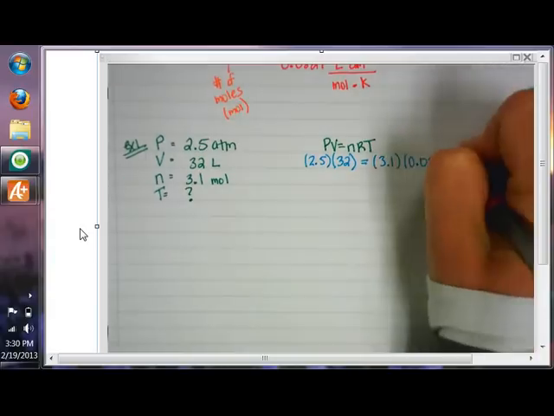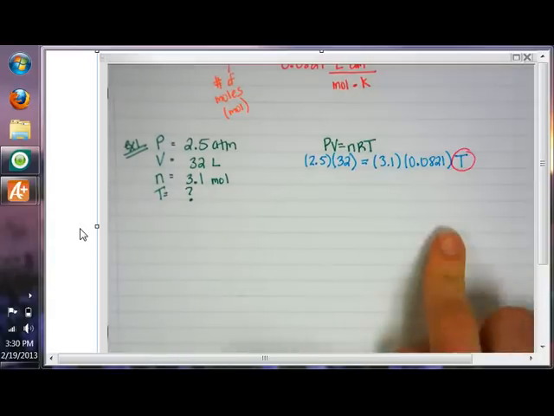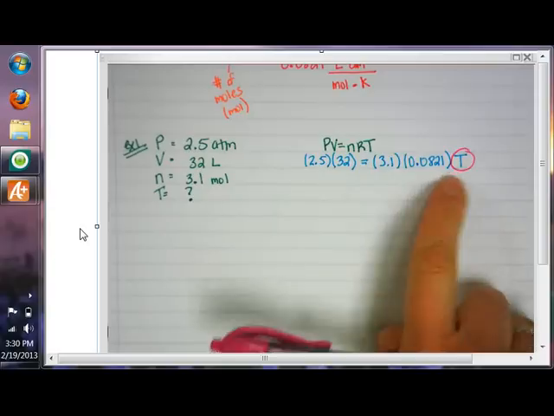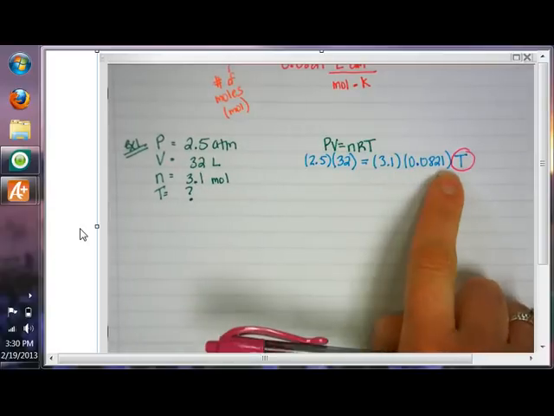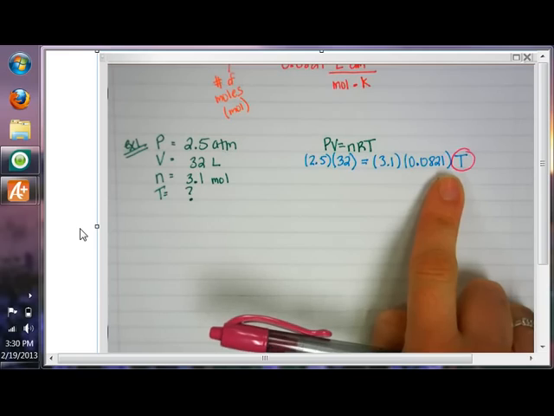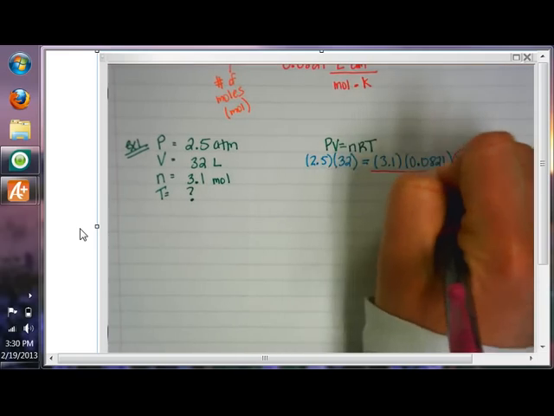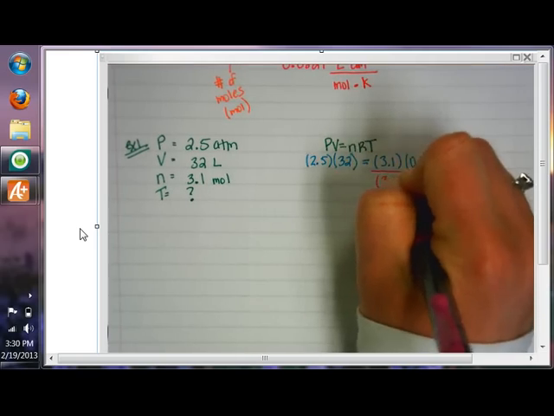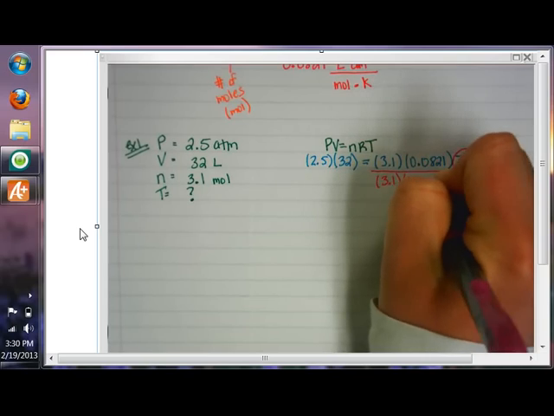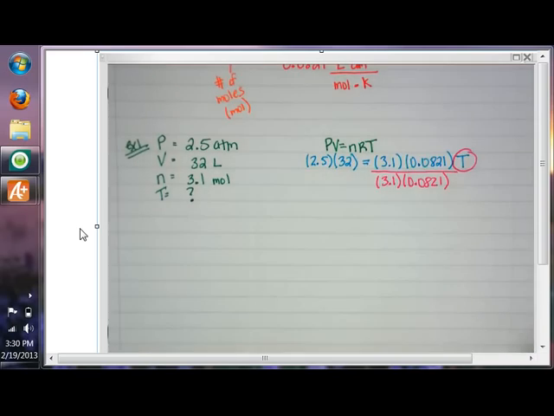So in order to solve for T, I'm going to circle T because that's what I'm trying to solve for. Notice these are all being multiplied right now, but I want to do the opposite of that, which is division, in order to solve for T. So I'm going to divide each side by 3.1 and 0.0821.